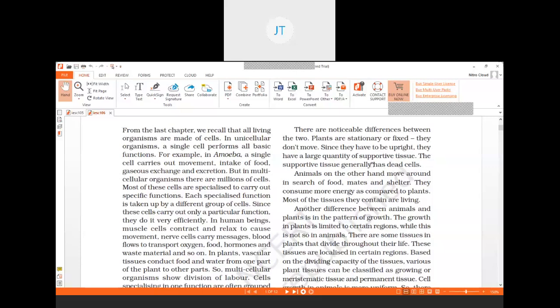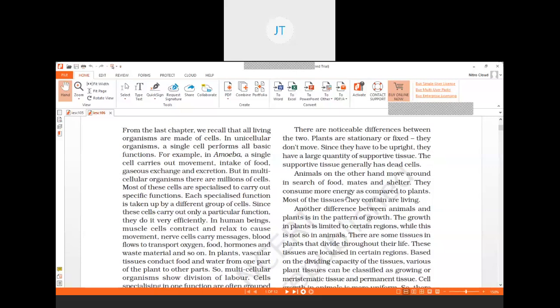Animals, on the other hand, move around in search of food, mates, and shelter. See, we go from one place to another nowadays, not only in search of food, but for many activities, also for mating and shelter.